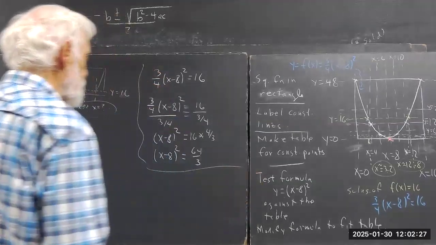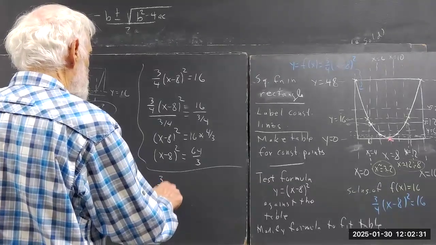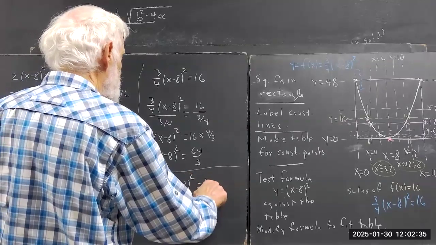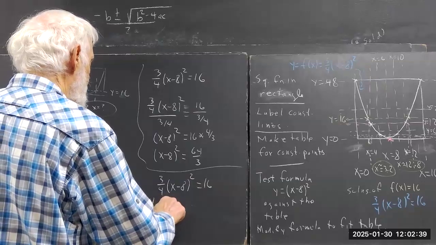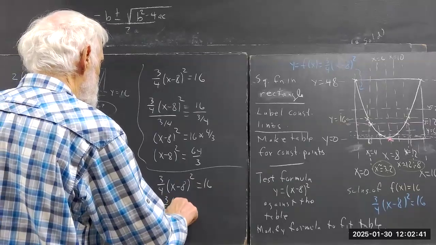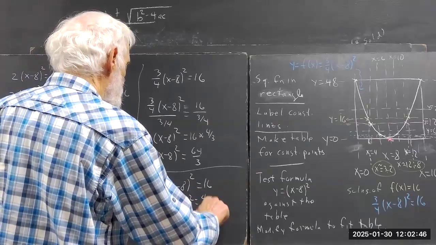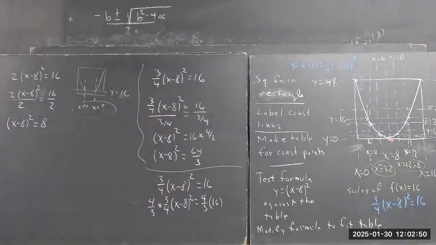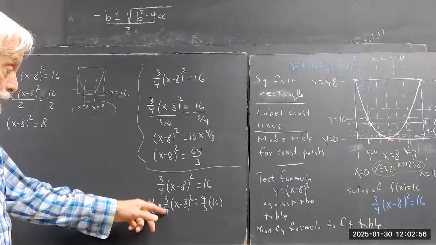the quicker one to get the same thing would be to start with three-fourths of x minus 8 squared equals 16, and you multiply both sides by 4/3. The whole issue of dividing by a fraction: you just multiply by the reciprocal of whatever this number is.